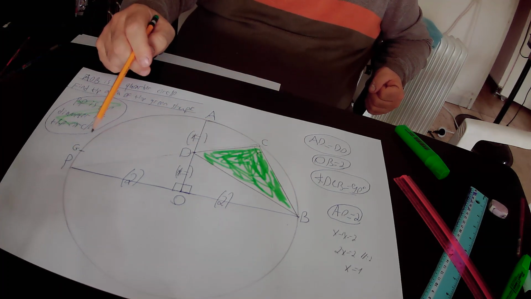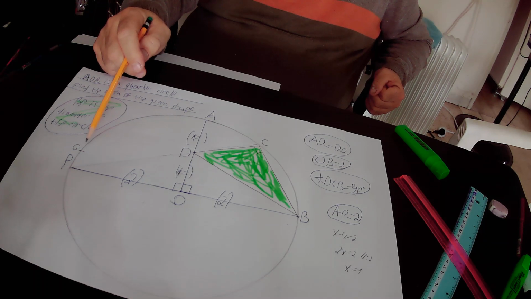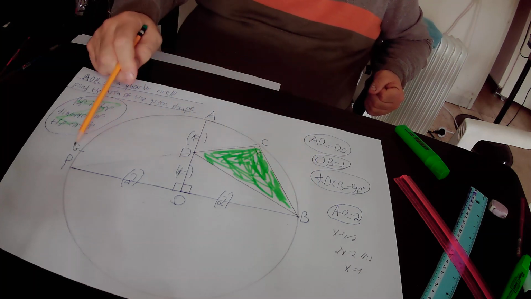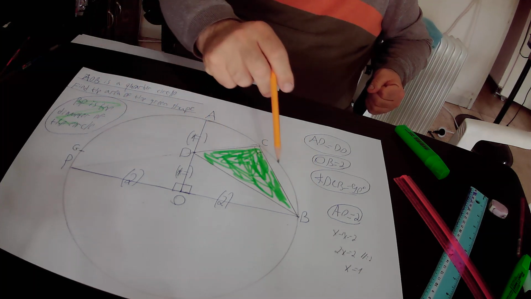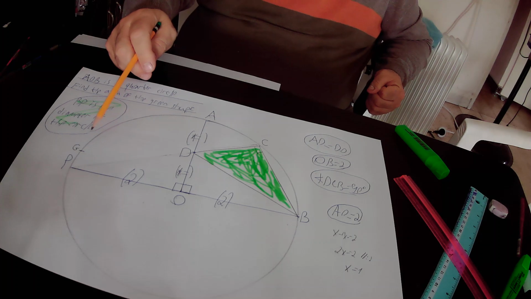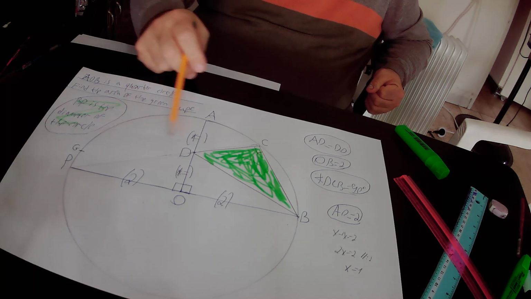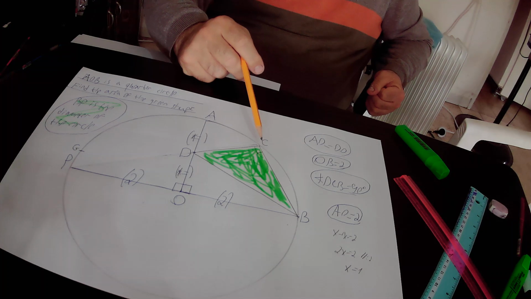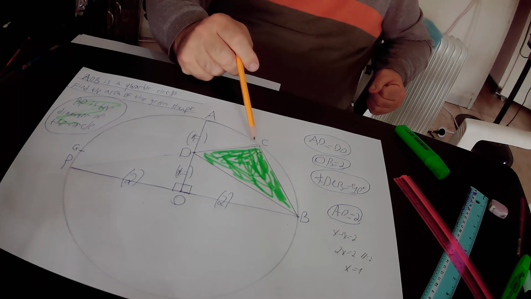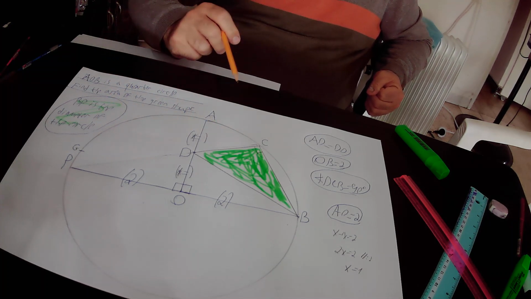Any other chord from B will not be the diameter of the circle. So BG is not the diameter, and we have peripheral angle BCG equal to 90 degrees that doesn't subtend on the diameter of the circle. It is a contradiction to Rule 5, because any peripheral angle that is equal to 90 degrees must be subtended on the diameter of the circle.